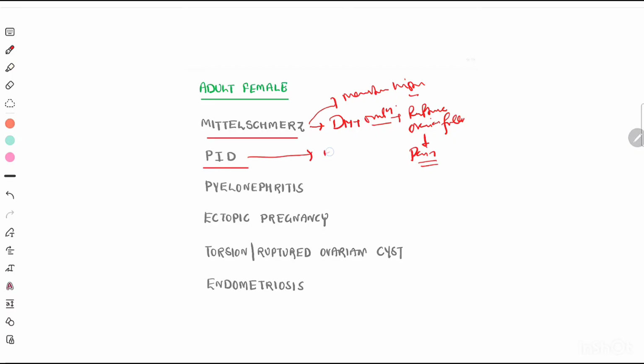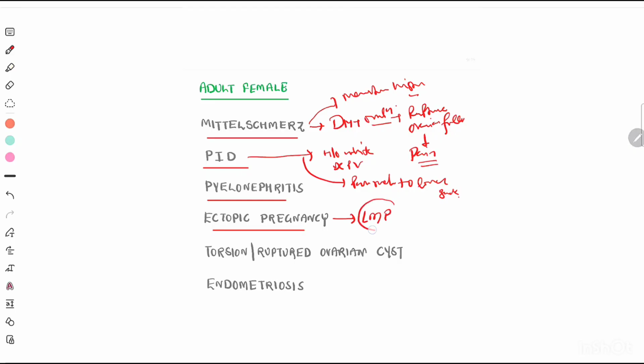In this there will be a history of white discharge per vaginum and pain radiating to the lower back, and there can be a history of pyelonephritis, and it can be an ectopic pregnancy. So always ask about the LMP of the patient to rule out amenorrhea.